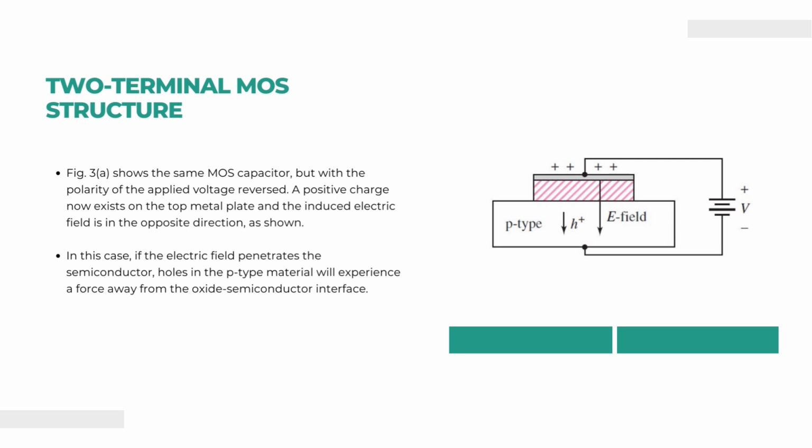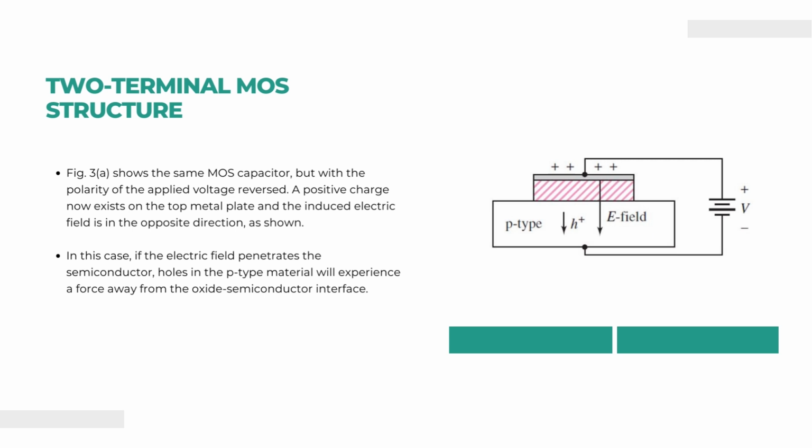Here there is a p-type semiconductor, in which the majority carriers are holes. Now we have changed the biasing. We are applying a positive value at the metal interface and a negative value to the semiconductor.